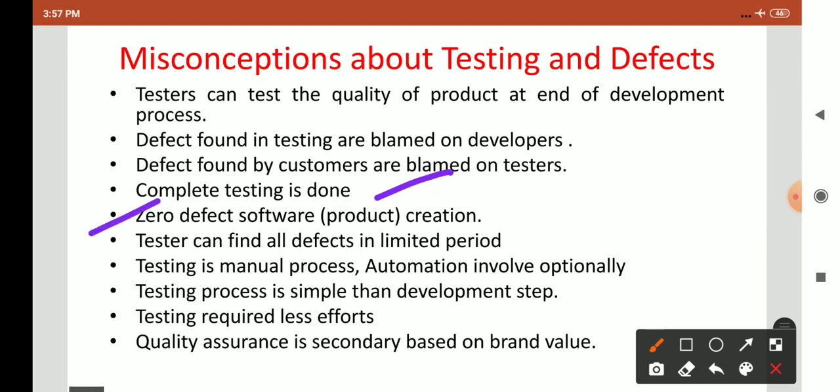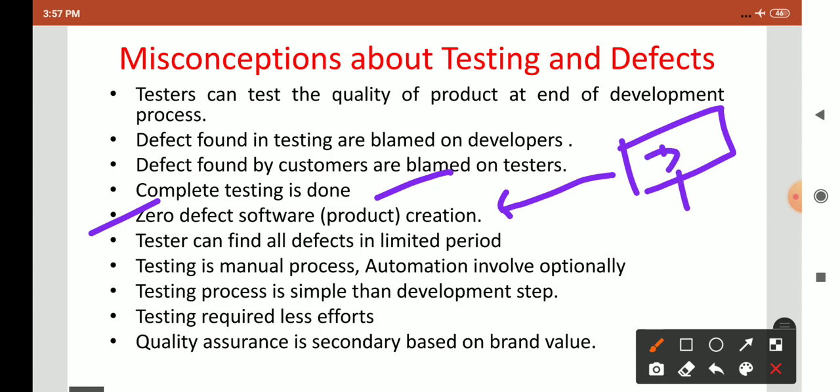Then next is zero defect software creation. Again this is a misconception. If we are following the steps, first we develop the product, then we perform testing, and then we hand it over to the customer.